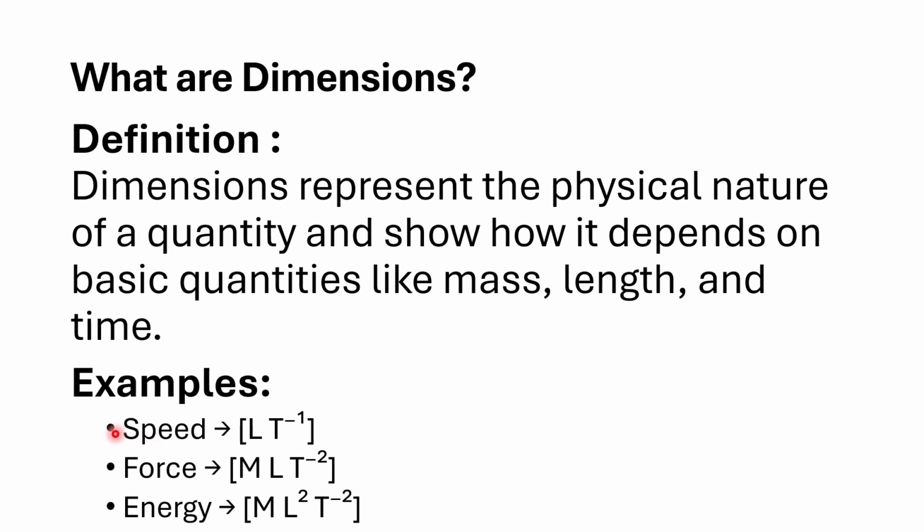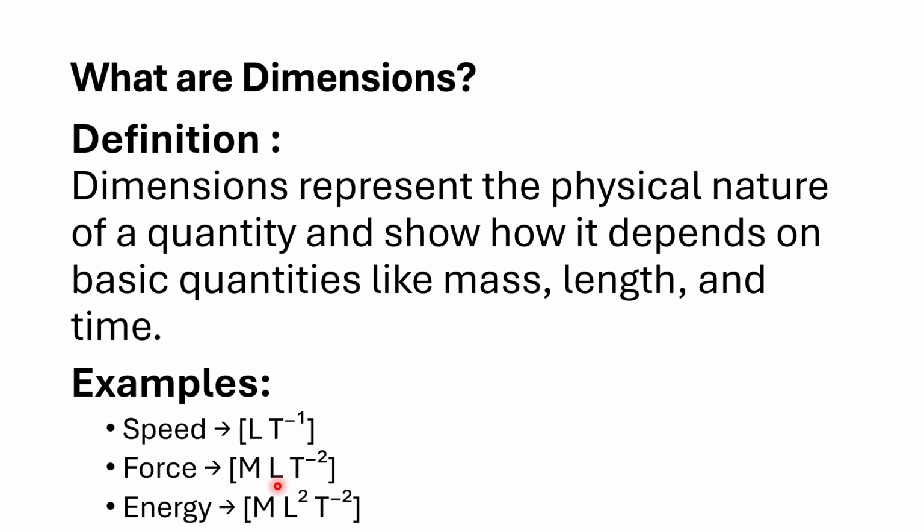Here we have some examples of the dimensions of some physical quantities. Speed is meter per second, so for meter it's L, and for second it's T, time. Time inverse means that it's actually beneath, in the denominator, but when we move it upside, it becomes the inverse.